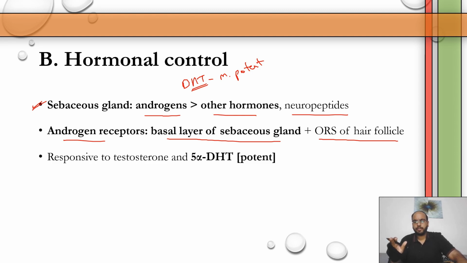So I rarely get hormonal profiles done because I know they will be normal, but I will still have to give hormonal treatment to suppress this increased activity of the pilosebaceous unit. So this pilosebaceous unit, or majorly the sebaceous gland, is more responsive to testosterone and 5-alpha DHT, which is the most potent hormone.